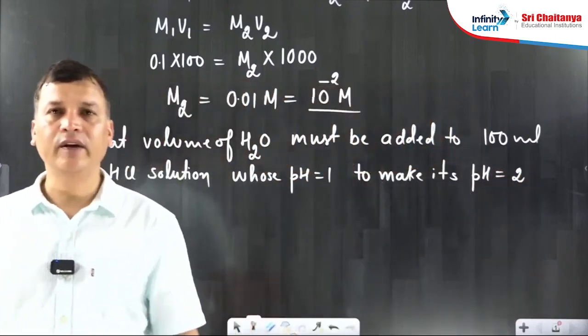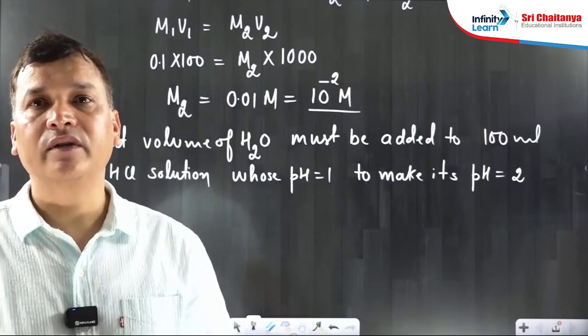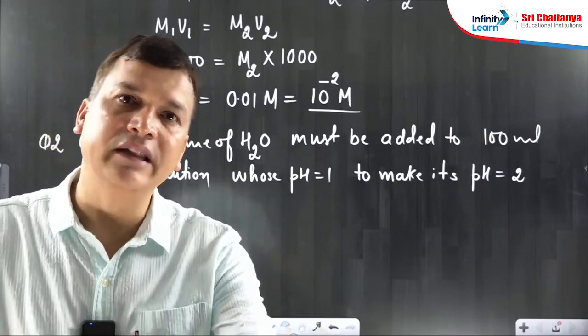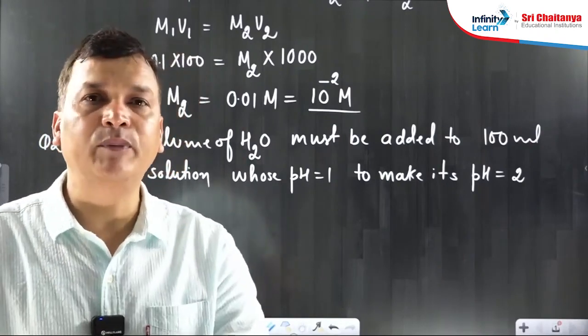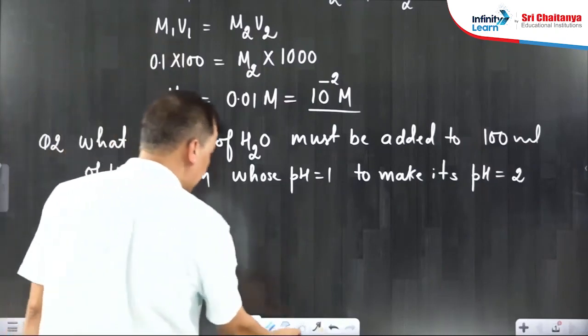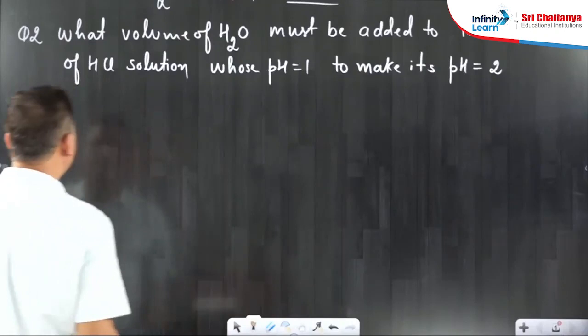So here is the question. We have 100 ml of HCl solution whose pH is 1. We have to add a certain amount of water to it in order to make its pH equal to 2.